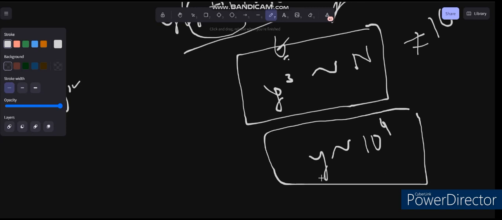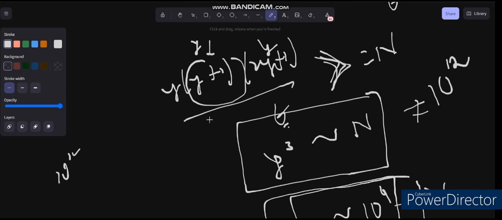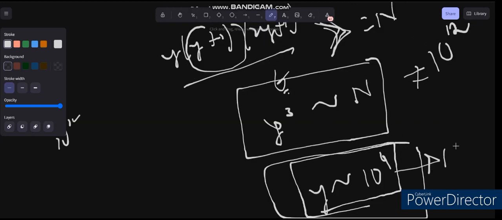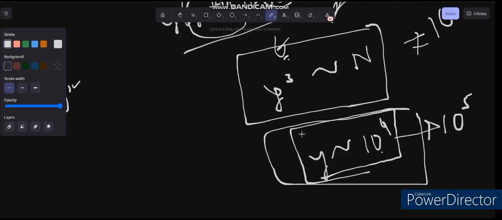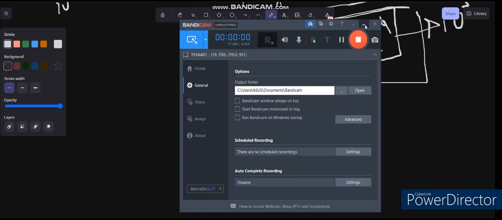For being safe, we can increase it to 10 to the power 5, because we are decreasing something, like the plus 1 and 2y plus 1. We are decreasing y by 2 here and the plus 1 also. That is why, just for being safe, we can take 10 to the power 5.